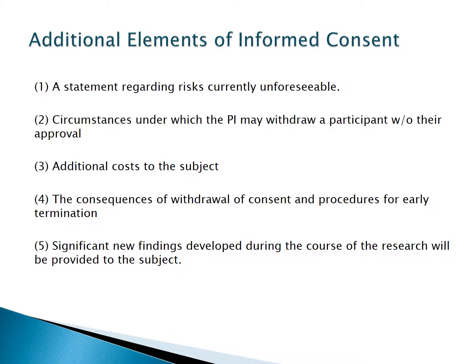Whether these things are included or not really depends on your sponsor and your IRB, and the number of subjects expected. I personally never understood why this matters. Statistically, there will be a set number of subjects that will be expected, and for some reason this has been included. If I was participating in a clinical trial, this wouldn't matter to me at all. But anyway, that's also included as an additional element.